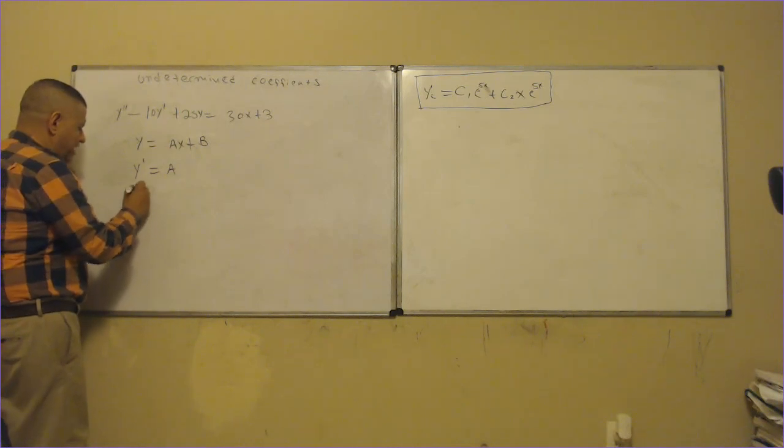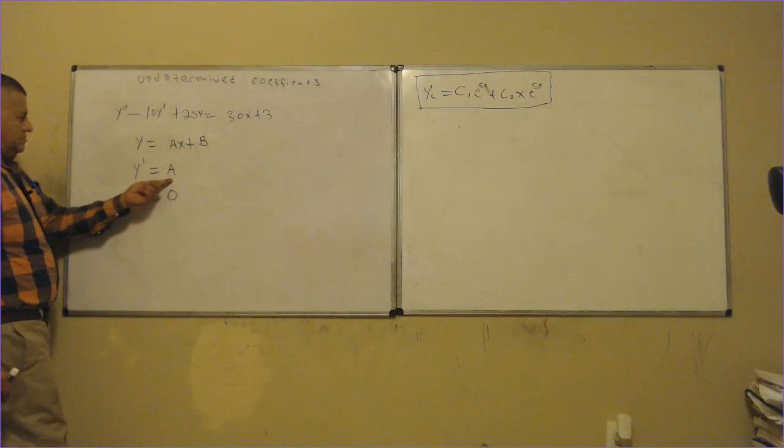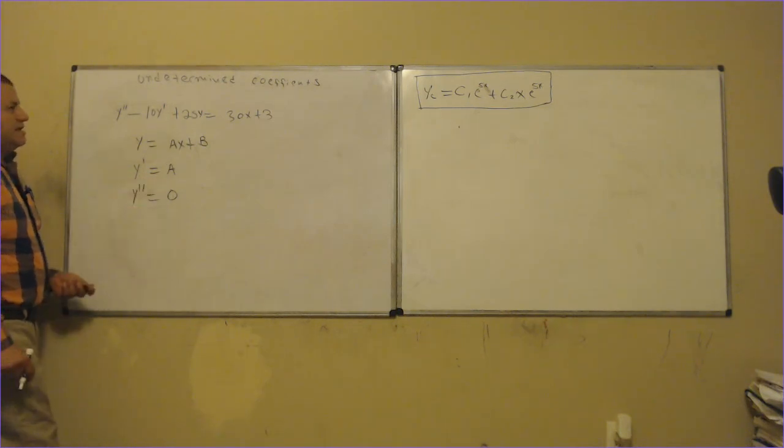Now let's do y prime. Now y double prime is, now because this is a constant, zero.